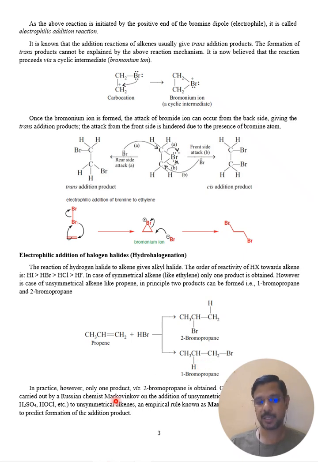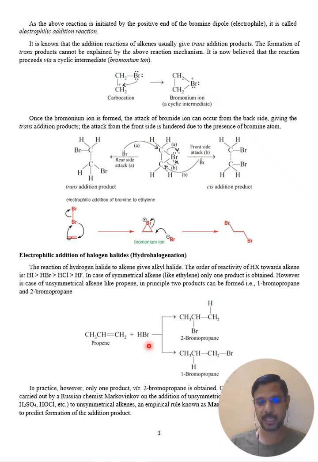For that, there is a scientist called Markovnikov. He made an empirical rule, that is the Markovnikov rule. What he said is that the negative part of the hydrogen halide always attacks the carbon atom across the double bond that has fewer hydrogens. So in 2-bromopropane, the C2 carbon has one hydrogen atom, and the C1 carbon has two hydrogen atoms.